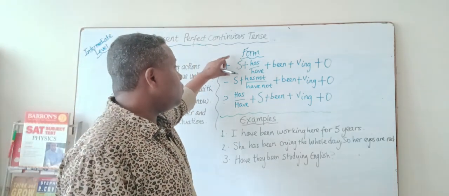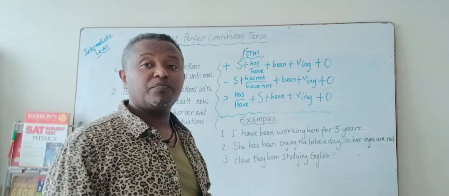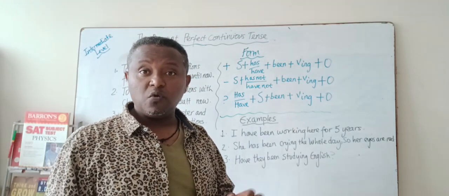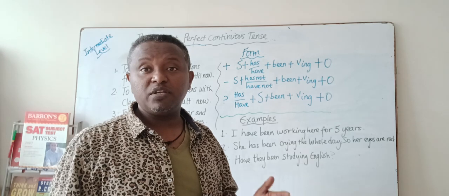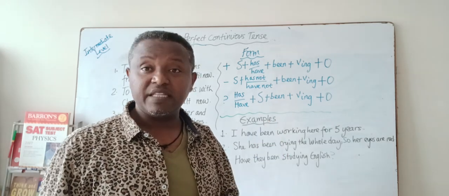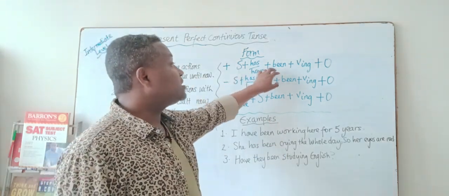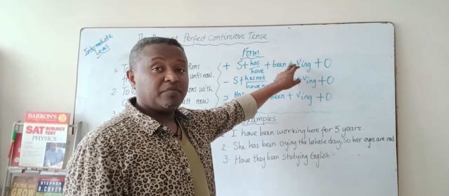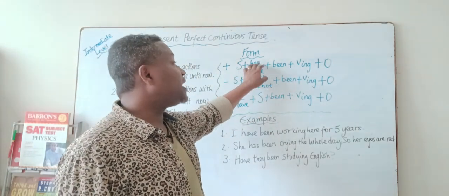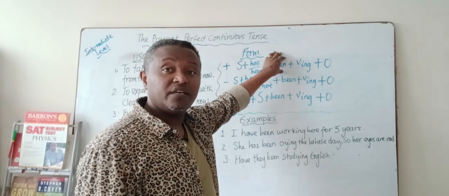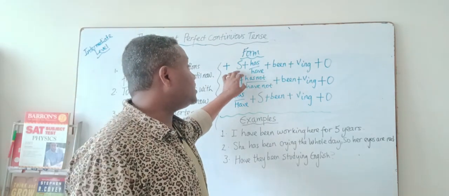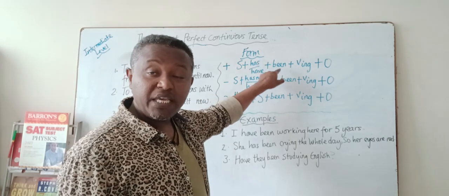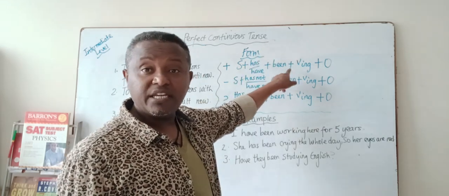Then, what is the form or the structure of the present perfect continuous? What makes it different from the present perfect tense is that it has been plus verb ing. In the present perfect tense we say subject plus has or have plus verb 3, but in the present perfect continuous we use subject plus has or have plus been plus verb ing plus object.